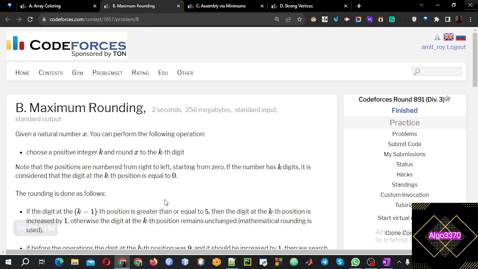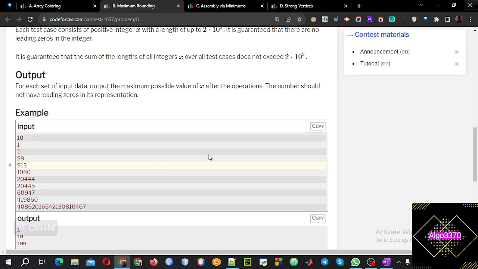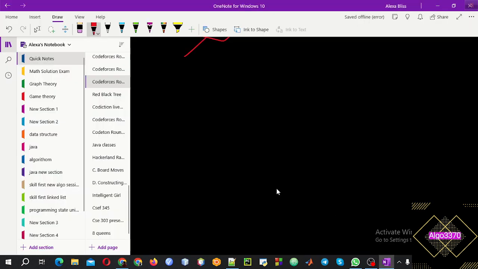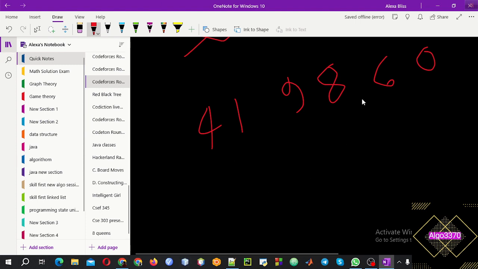So let's solve an example. 41, 98 and 60. Let's start the calculation.